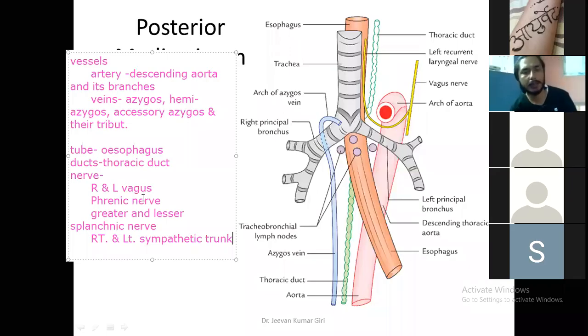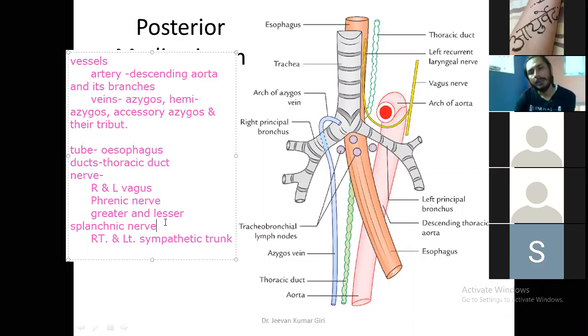The greater and lesser splanchnic nerve: parasympathetic nerve supply is already there by the vagus, but we need the sympathetic supply also. So these are the sympathetic fibers for the viscera. These nerves arise from the lower 5 thoracic spinal segments.